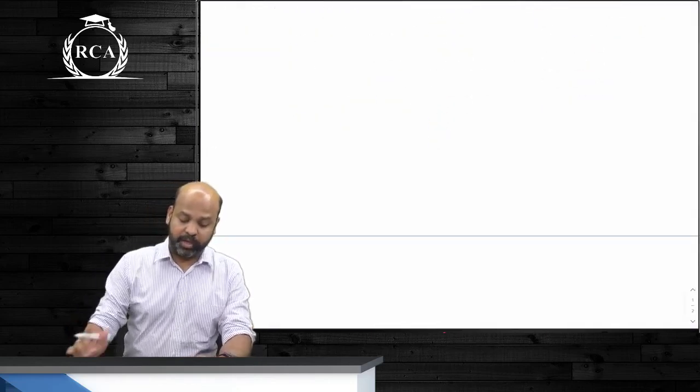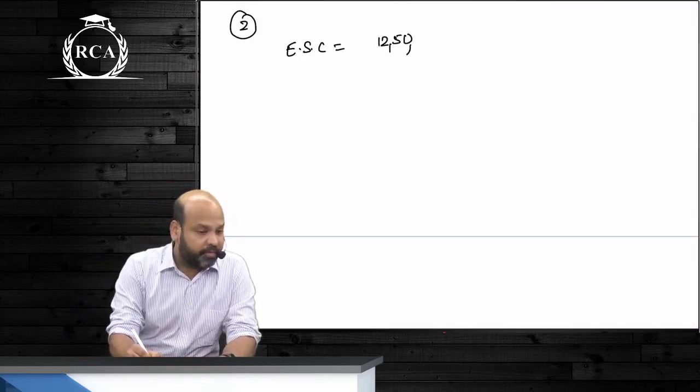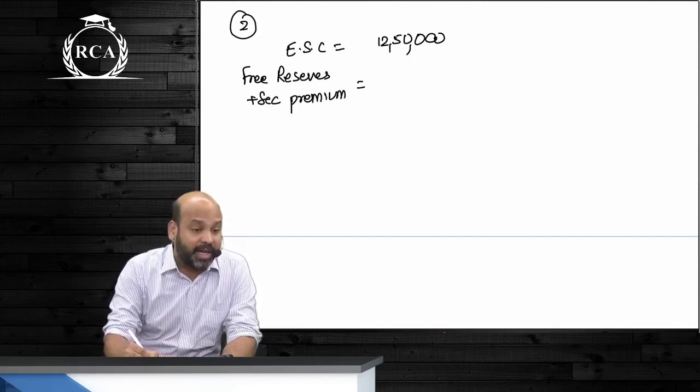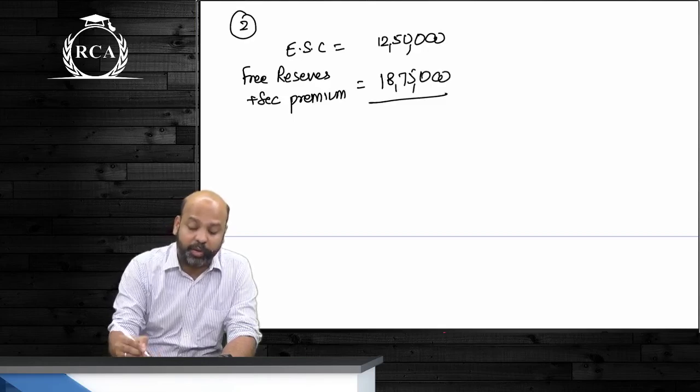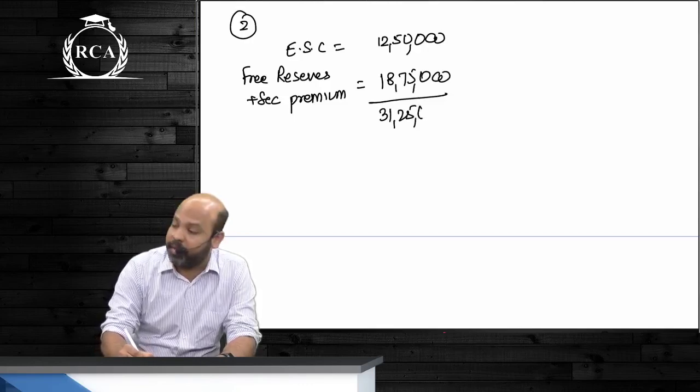So if you go by the details here, guys, equity share capital, how much, beta? 12,50,000. How much are free reserves plus securities premium? Free reserves, beta, plus securities premium is 18. Did you add it all? 18,75,000. What is your total equity, beta? 31,25,000.